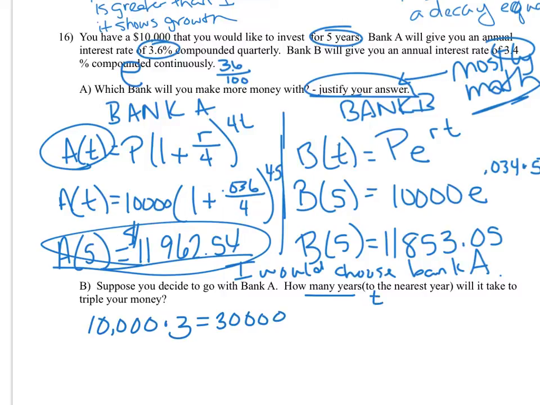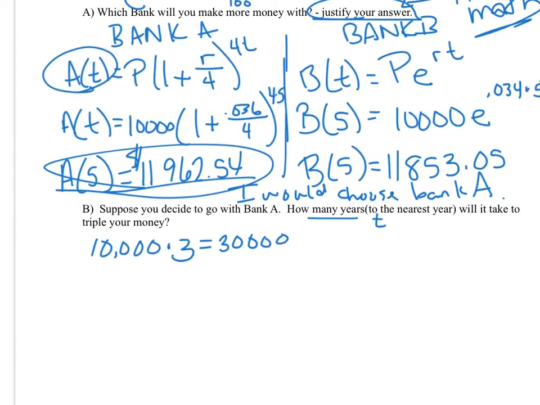I'm solving for t, so I'm using exponents. I need to use my formula, and I'm going to have to use logs to solve this. This is my formula up here. Well, technically it's this one, but the 5 is a t. We don't know the amount of years.